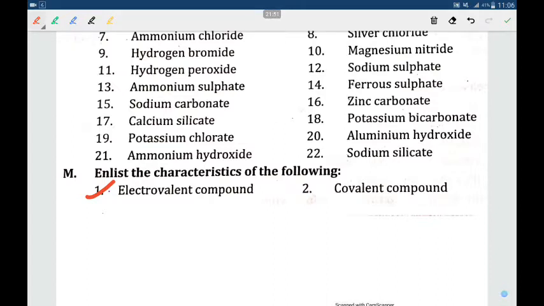Okay. But dear friends, now question number 2. You have covalent compounds. The characteristics of covalent compounds are: they do not conduct electricity. They have low melting and boiling point. They are insoluble in water.